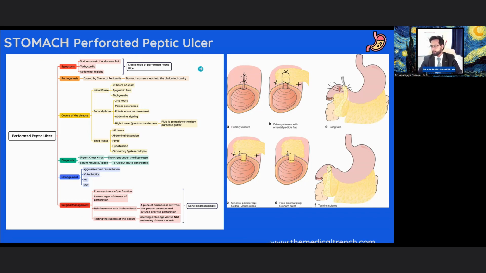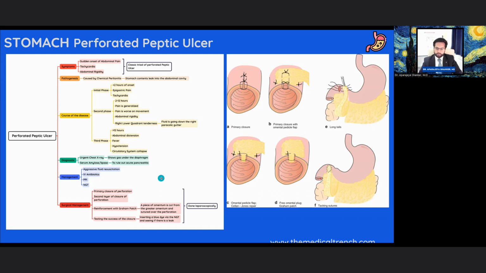Now, perforated peptic ulcer is important from your exam perspective for two things. One entire essay topic is dedicated to the perforated peptic ulcer, right? And in this case, in your essay, you need to mention all of these things that you see on this slide here. In particular, the use of the Graham patch, right?